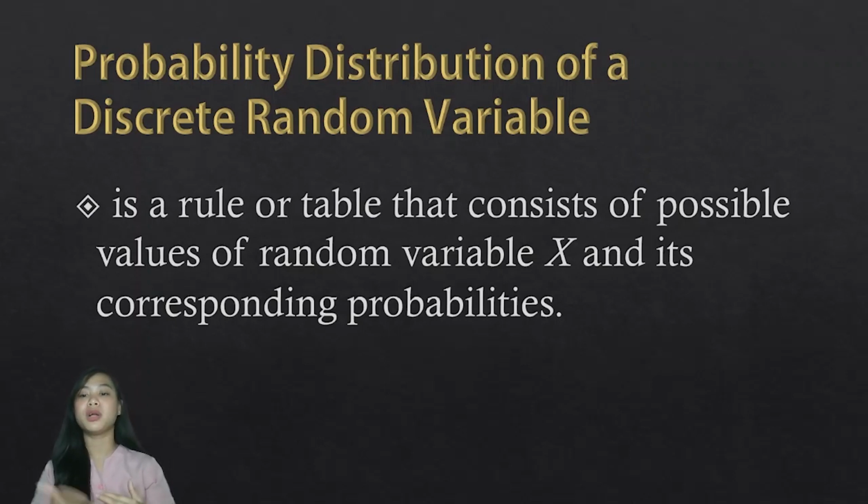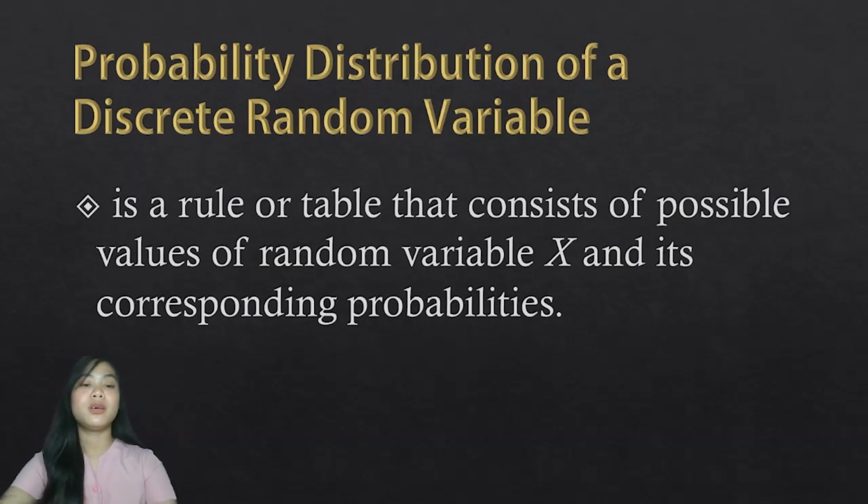The correspondence between the random variable values and the probabilities is called the probability distribution function, which for a discrete random variable is just the rule or the table.